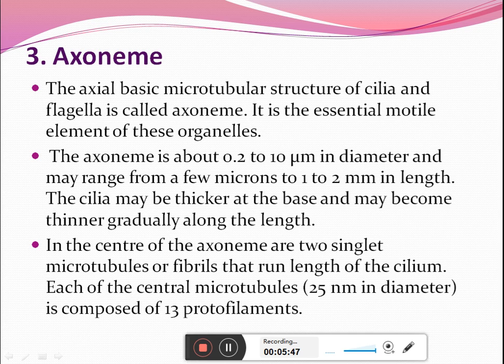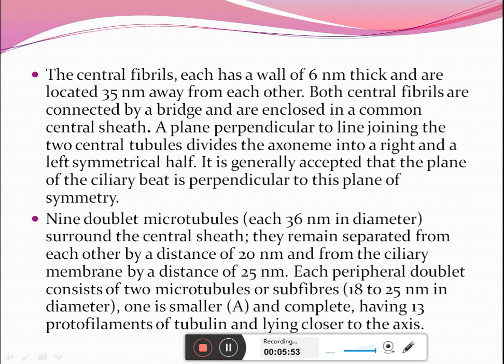Each of the central microtubules is composed of 13 protofilaments. The central fibrils each have a wall 6 nanometers thick and are located 35 nanometers away from each other. Both central fibrils are connected by a bridge and are enclosed in a common central sheath.